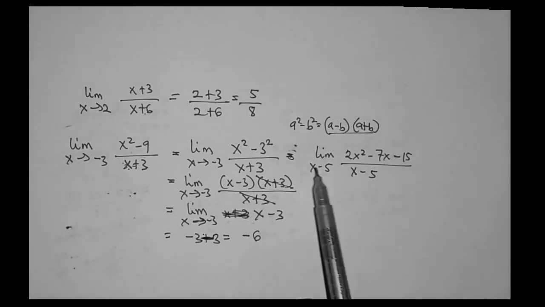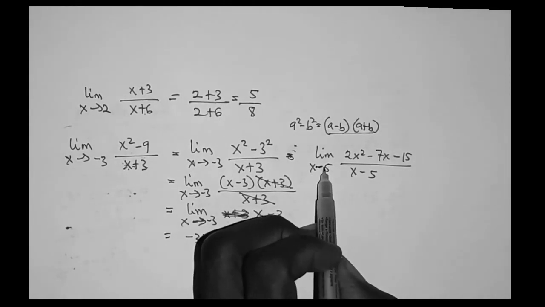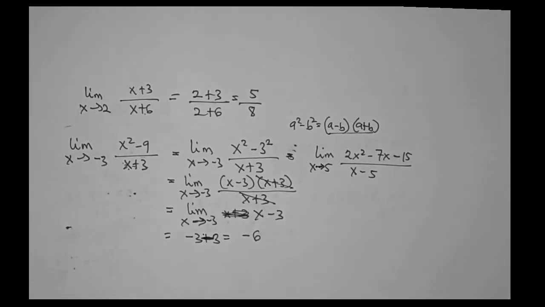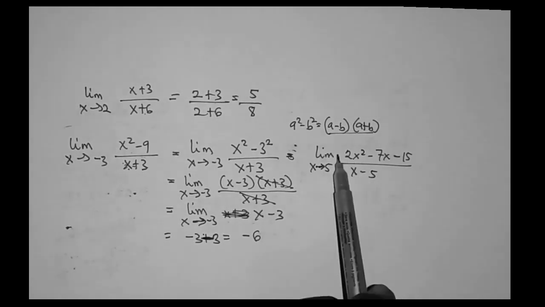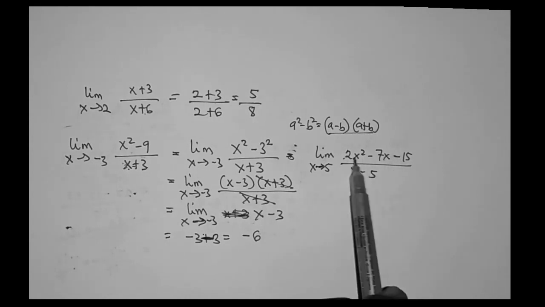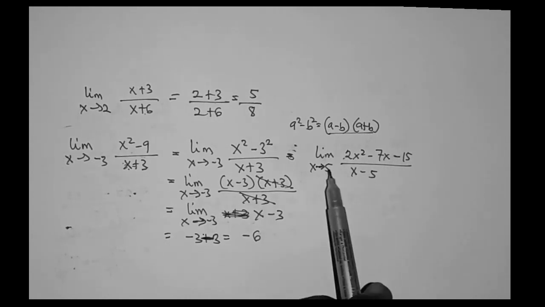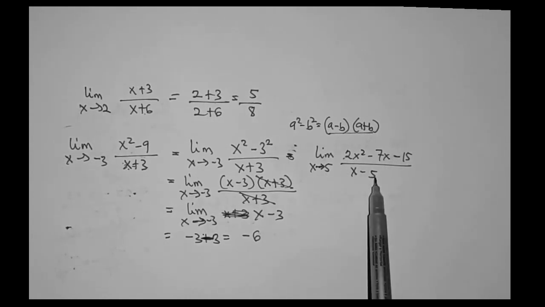Now you see that if we put x equals 5 in this function, the denominator will go to 0, and that is what we want to avoid. So we must find a way of factoring the numerator so that we can avoid that situation where the denominator goes to 0.